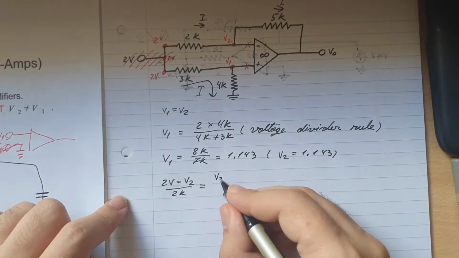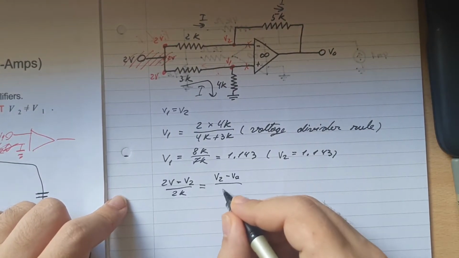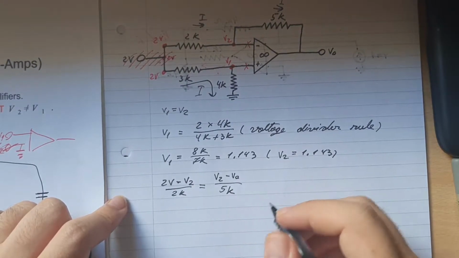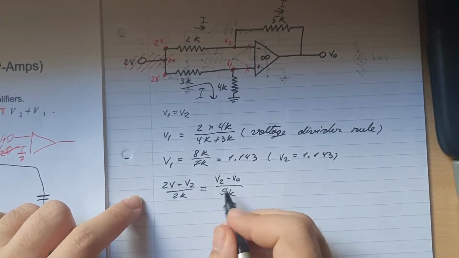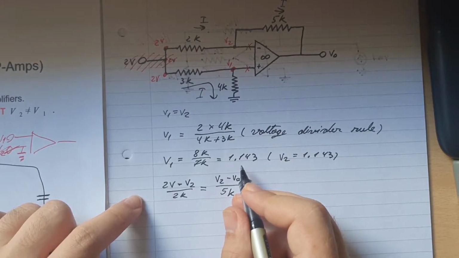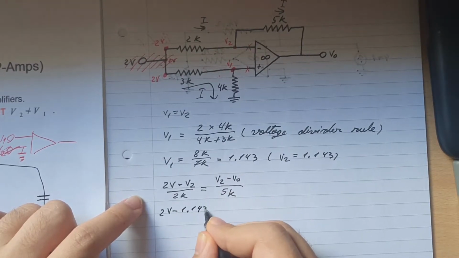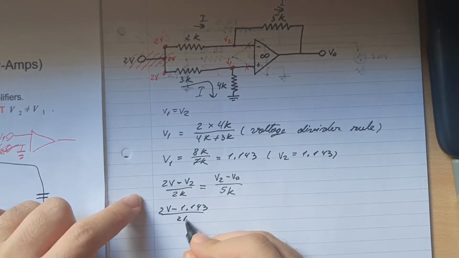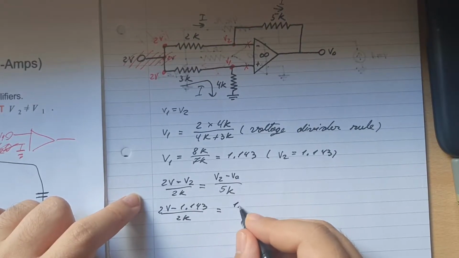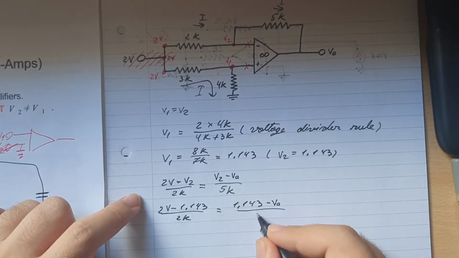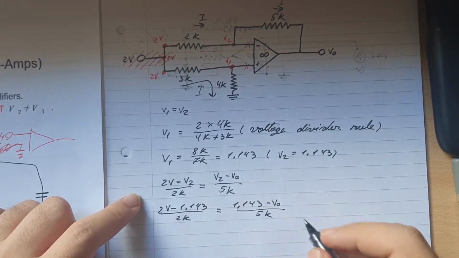And we just replace V2 with the value of 1.143. So 2V minus 1.143 divided by 2K is equal to 1.143 minus Vout divided by 5K.